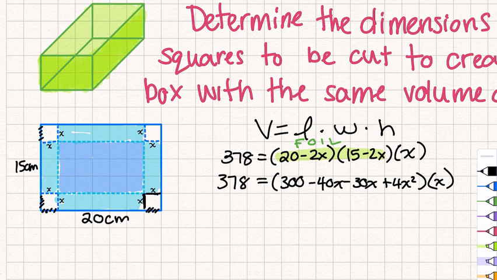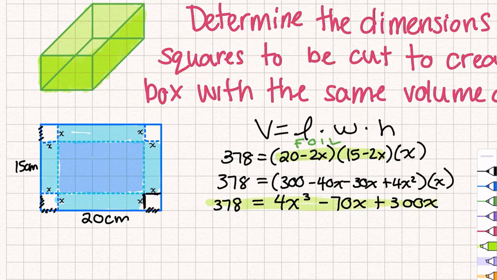So what are we left with? We have 378 equals 4x cubed minus 70x plus 300x. So this is our equation. Now we're going to bring the 378 to the other side.